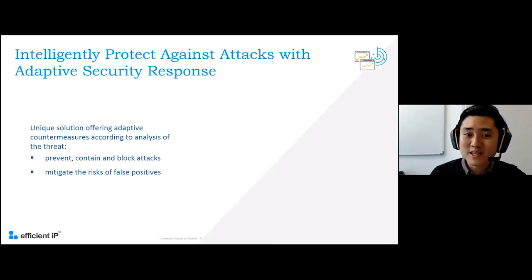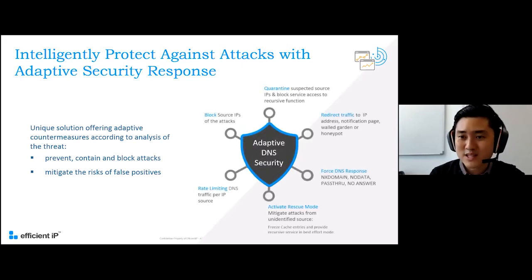EfficientIP DNS security can perform all of these mitigation techniques to stop an attack. We can block source IP addresses. We can rate limit DNS traffic per IP address, which eliminates server overload. We can also do quarantine.